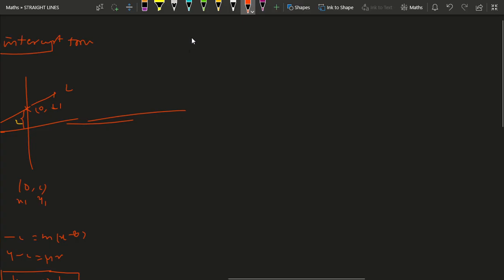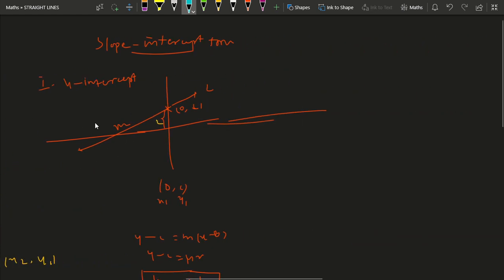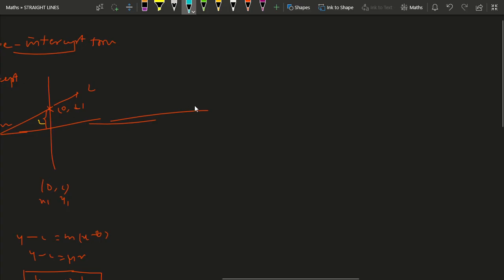Next, the last concept is intercept form. This one is slope intercept form, where slope is involved. This one is without slope, no slope involvement.